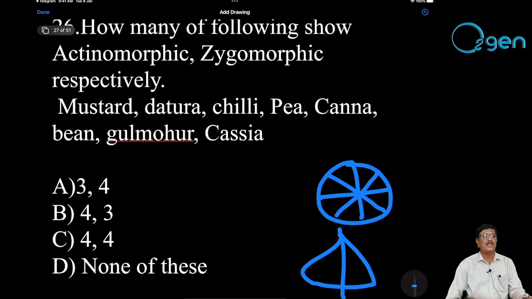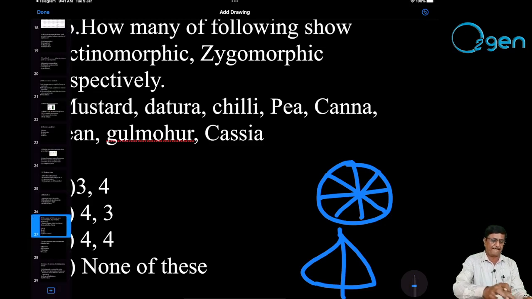Bean zygomorphic, and gulmohar are zygomorphic. So option A is correct. Three are actinomorphic: mustard, datura and chili. Pea, canna, bean and gulmohar are zygomorphic. So option A is correct.